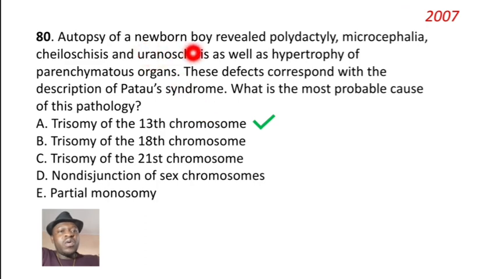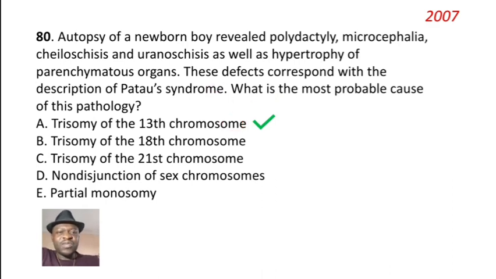Autopsy of a newborn boy revealed polydactyly, microcephaly, cheiloschisis, uranoschisis, as well as hypertrophy of the parenchymatous organs. These defects correspond with the description of Patau syndrome. What is the most probable cause of Patau syndrome?